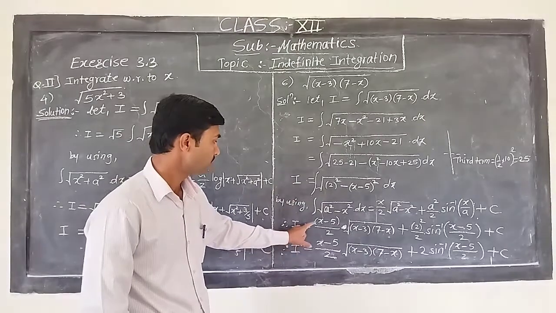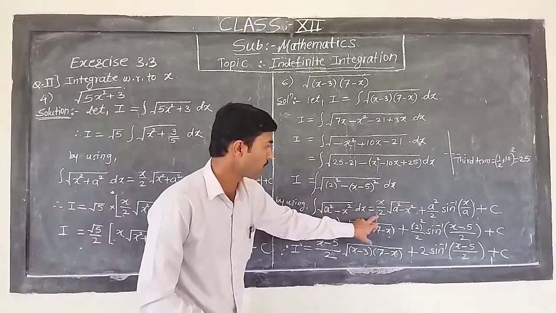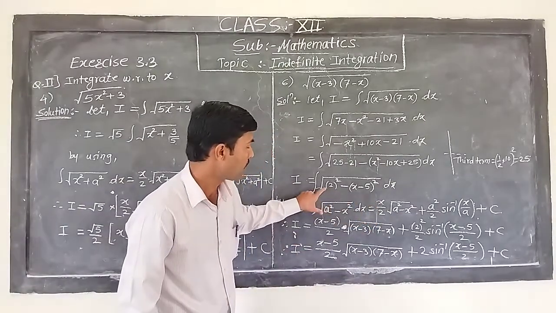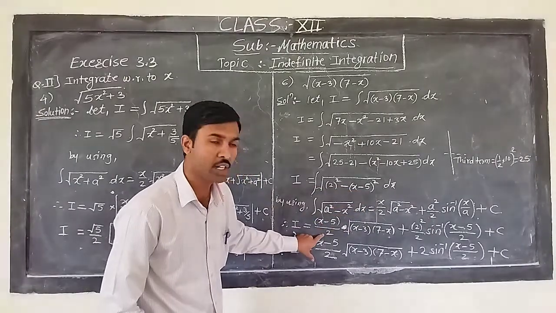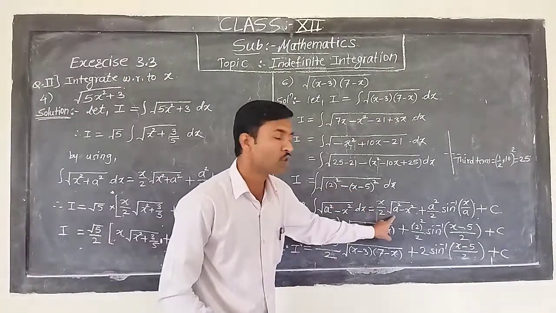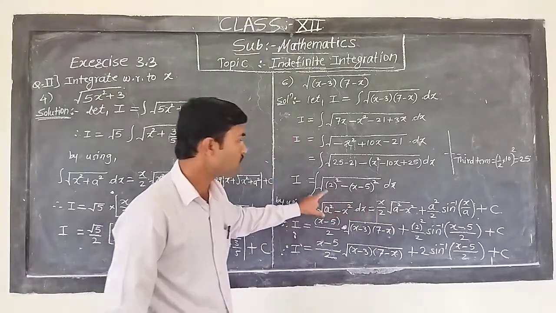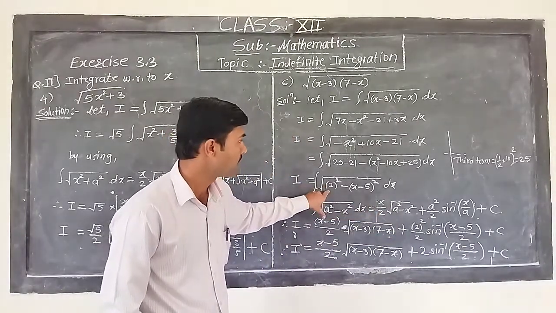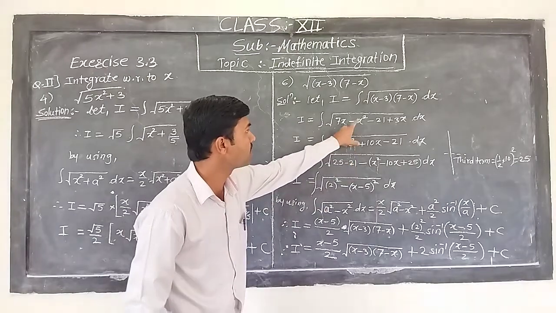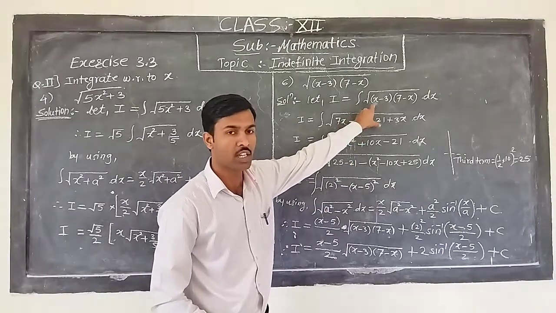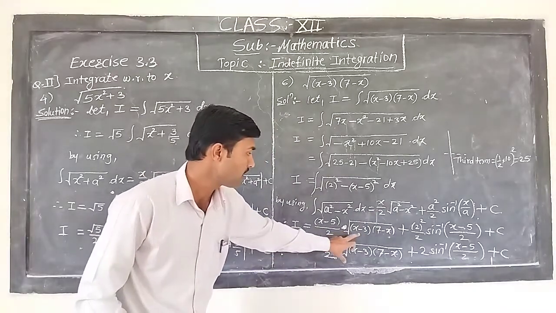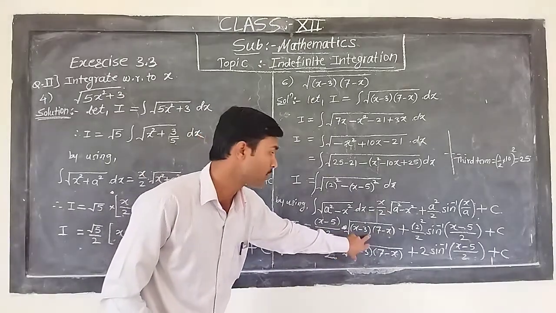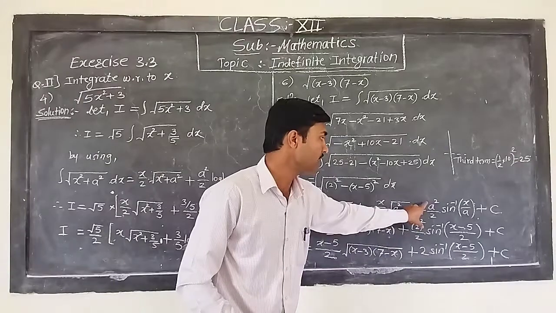After substituting the values we will get the final answer. I is equal to, by this formula, x upon 2, here the value of x is x minus 5, so it is x minus 5 upon 2 into under root of a square minus x square. Under root of a square minus x square, we can write as under root of x minus 3 into 7 minus x, plus a square by 2.